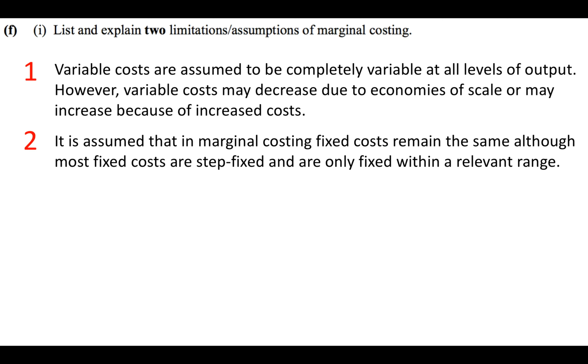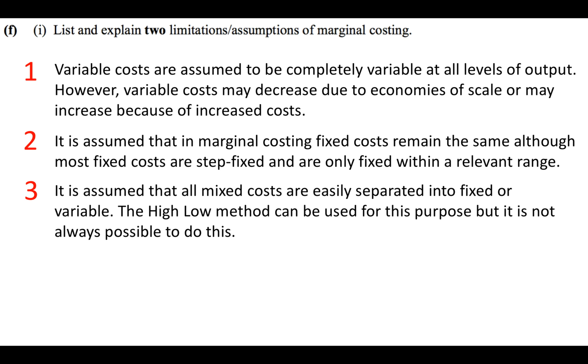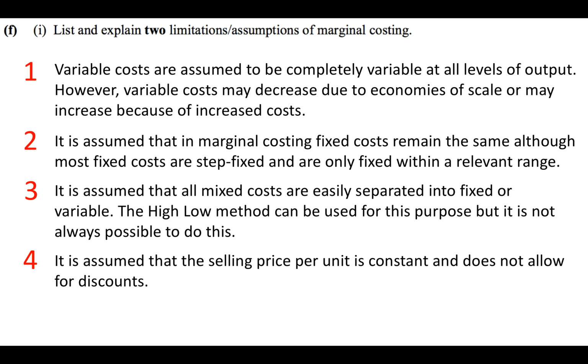Number two, it's assumed that in marginal costing, fixed costs remain the same, although most costs are step fixed and are only fixed within a relevant range. Number three, it's assumed that all mixed costs are easily separated into fixed or variable. The high-low method can be used for this purpose, but it is not always possible to do this. Number four, it's assumed that the selling price per unit is constant and does not allow for discounts.